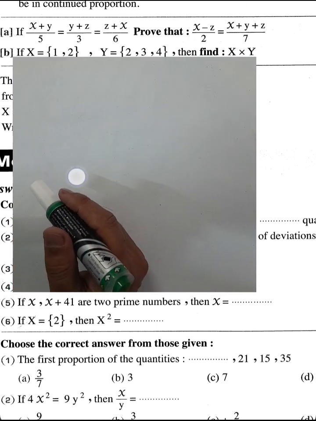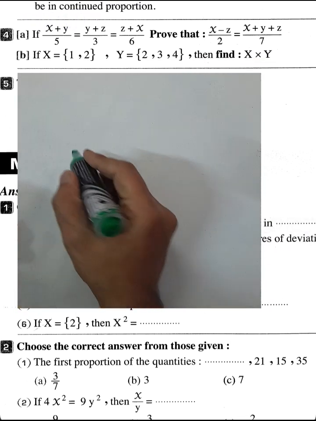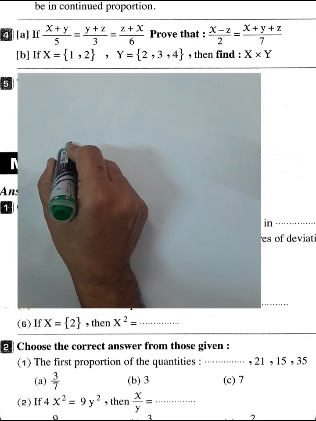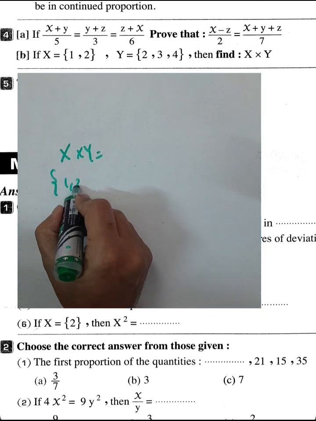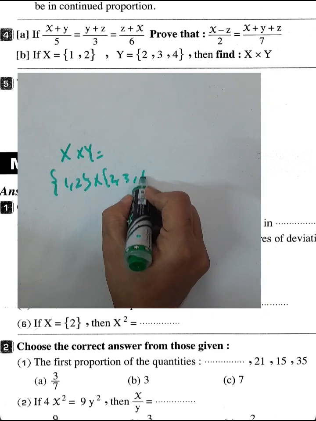Letter B. If set x equals 1 and 2 and y equals 2 and 3 and 4, you want to find the Cartesian product between x and y. Okay, write x equals 1 and 2, Cartesian product by y, 2 and 3 and 4.